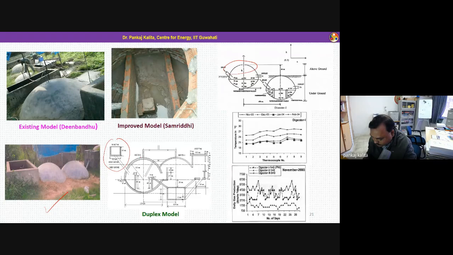Okay, so gas produced here will be collected here, and also we have one recirculation loop. So gas produced here goes here, and again gas produced here will come here, and then finally we will collect the gas from here. Okay, so we have done a lot of studies, and it is found that digesters with recirculation will give a higher biogas production rate.